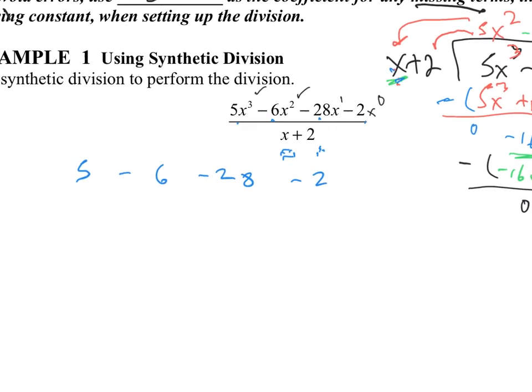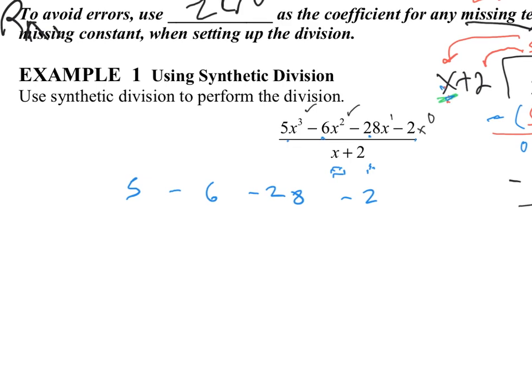So you only use those. And I'm dividing by that denominator, so I have to actually say, well, what is x actually? So I got to say x plus 2 equals 0. I'm really dividing by a negative 2. So I'm going to put a negative 2 right here.